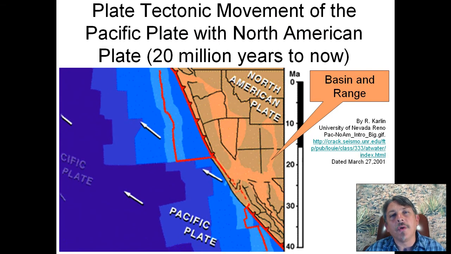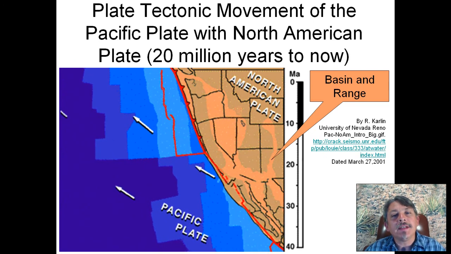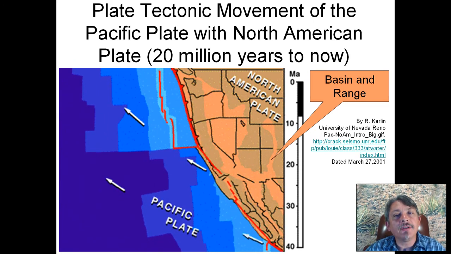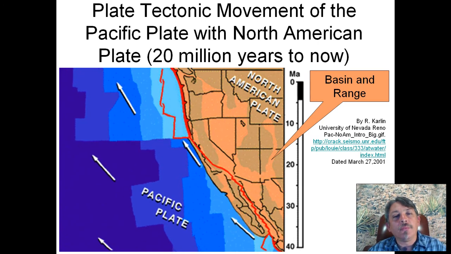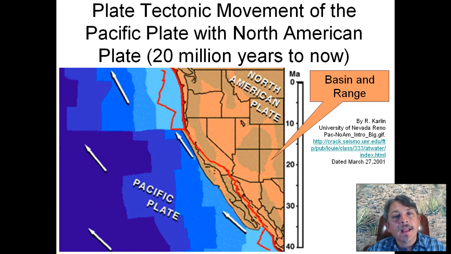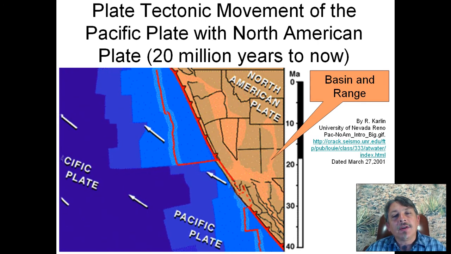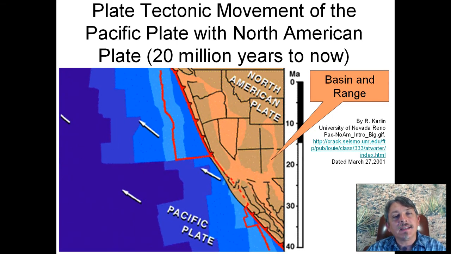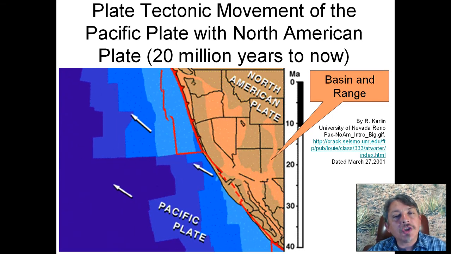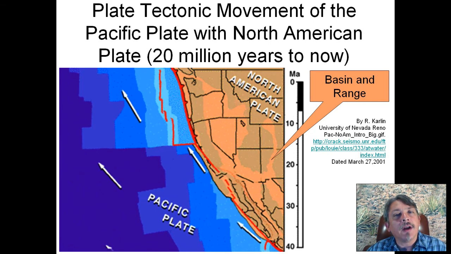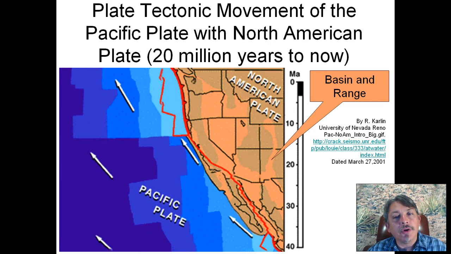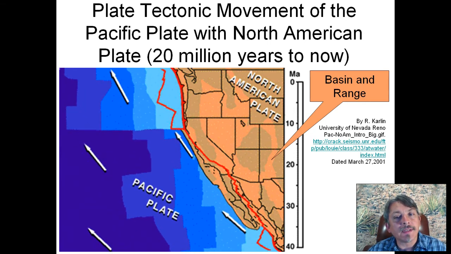As mentioned before, plates are rubbing up against each other, some of them diving underneath the other one, or rubbing up sidewise against it. An example can be seen here in the western United States. This is an animation of what the North American continent looked like 20 million years ago, running up to the present day.